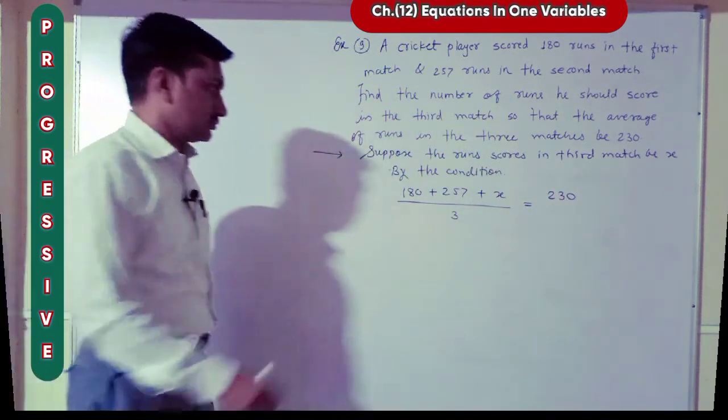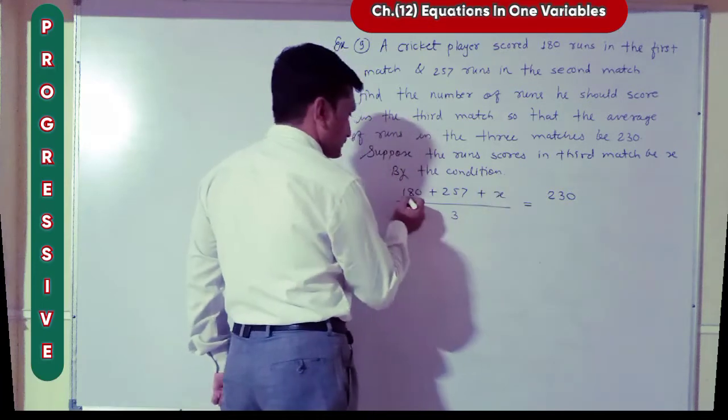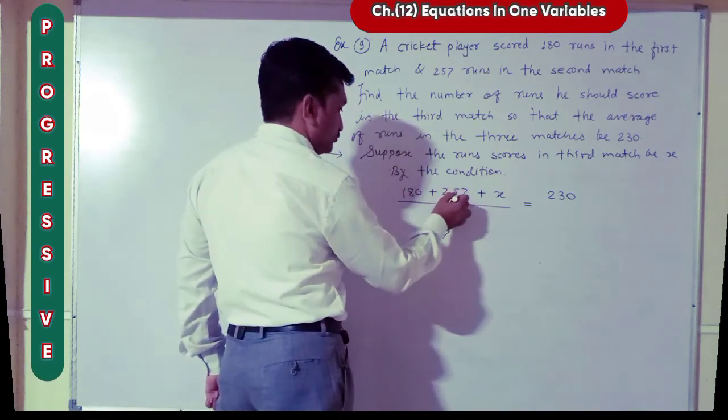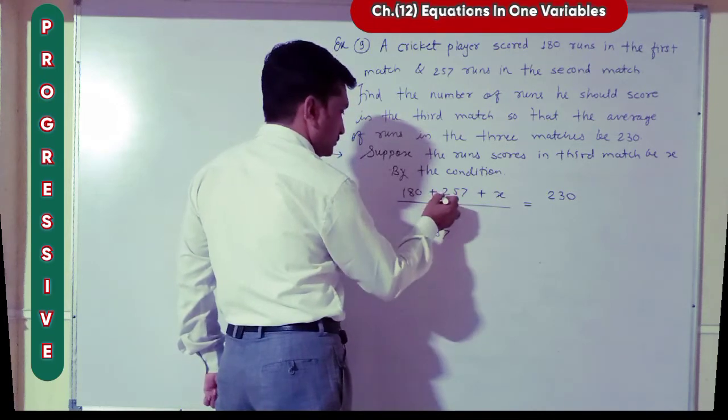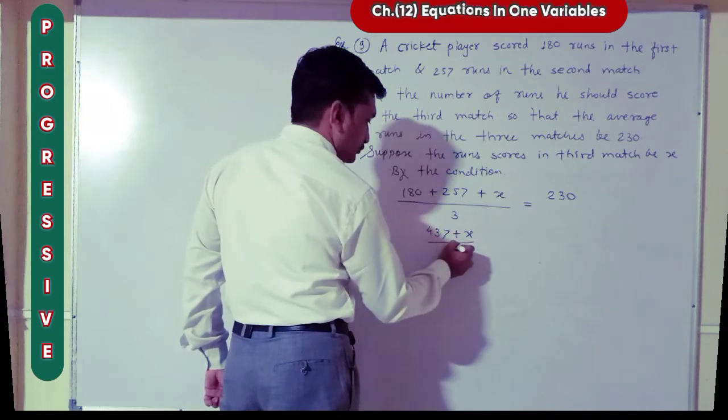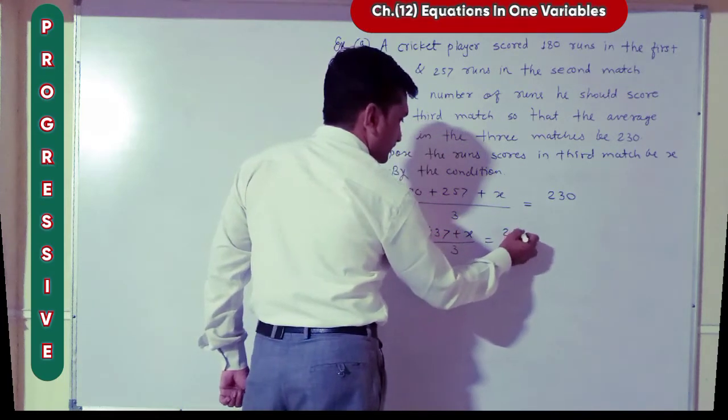This is the average. Now solve this. Here addition 7 8 plus 5 13. Here 437 plus x upon 3 is equal to 230.